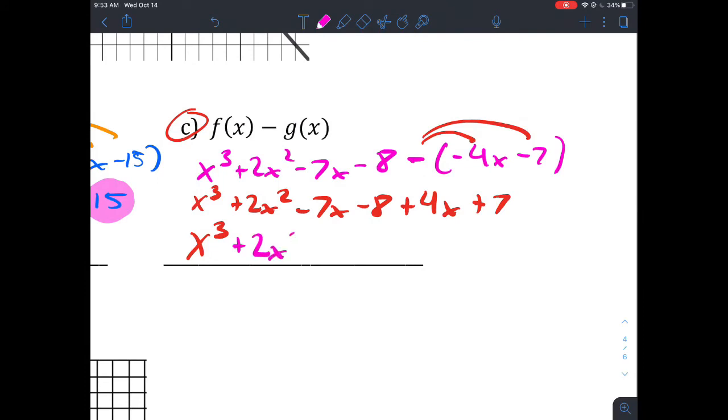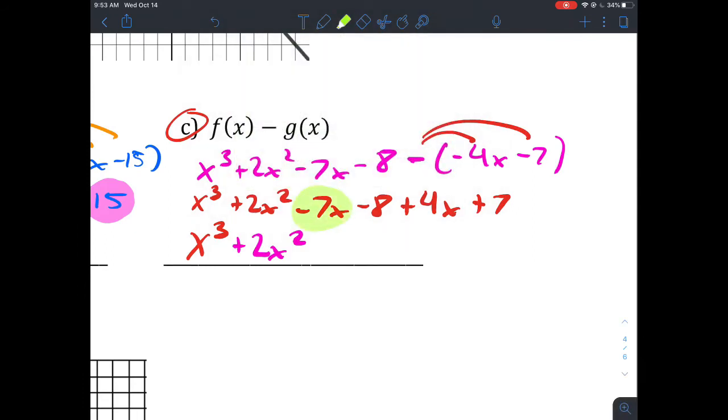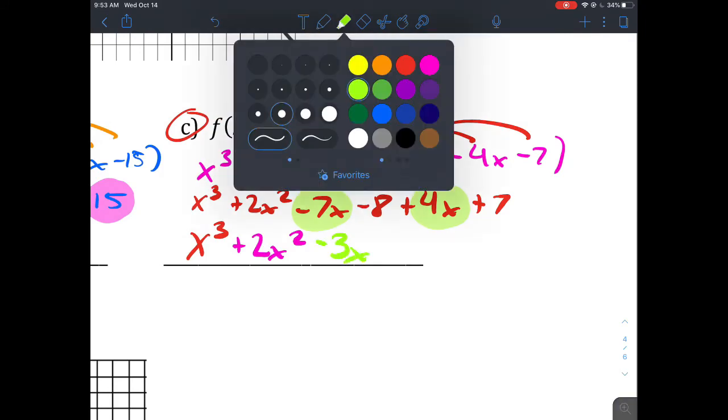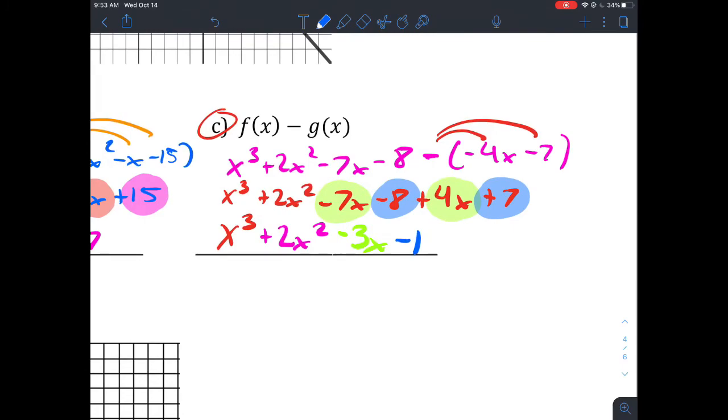So then we get a plus 2x squared. And then we'll go ahead and do negative 7x and a 4x, which is going to give us a negative 3x. And our last one, which is a negative 8 and a positive 7, which is a negative 1. All right. So you should have gotten x cubed plus 2x squared minus 3x minus 1.